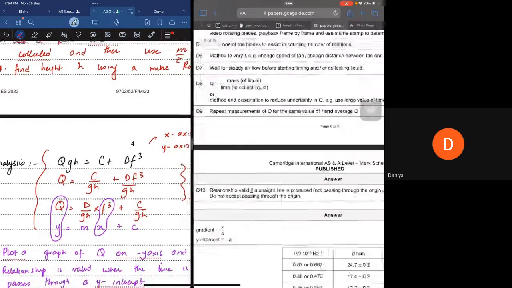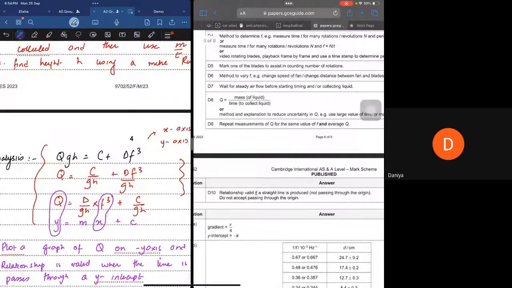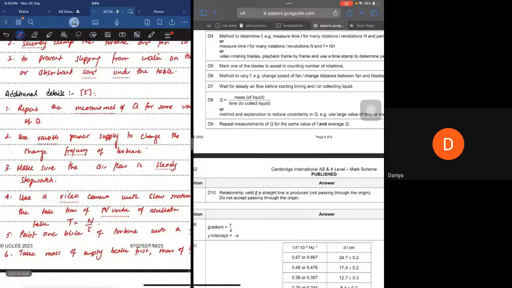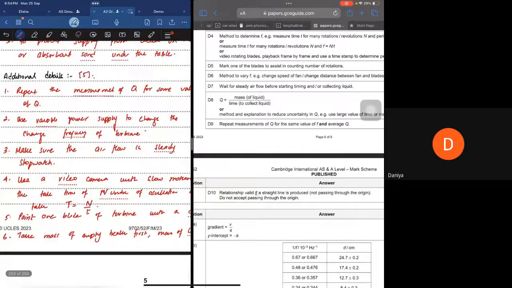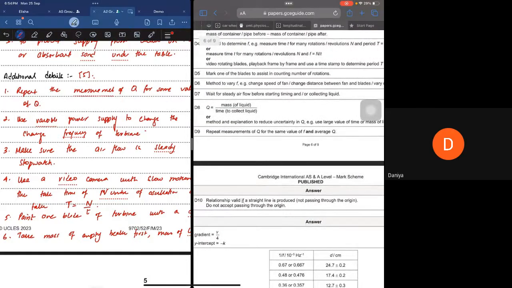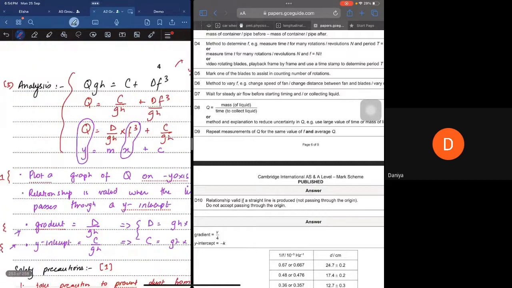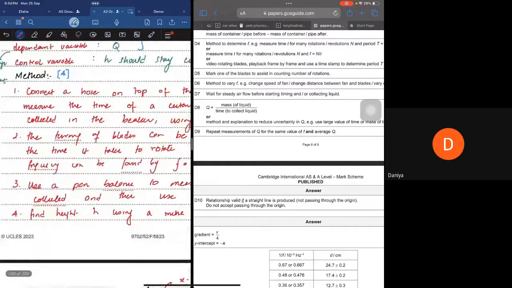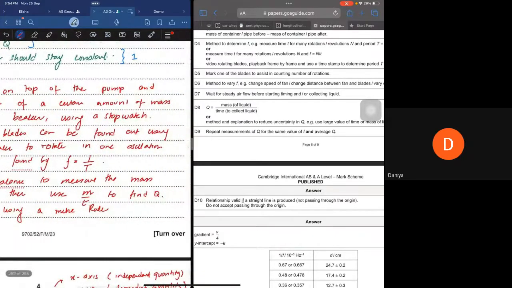Then it says, wait for the air to steady, that we have written. We have not written Q, which is mass of the liquid, but actually we have written this here. We wrote that use a pan balance to measure the mass, and you can collect Q by doing mass over time.